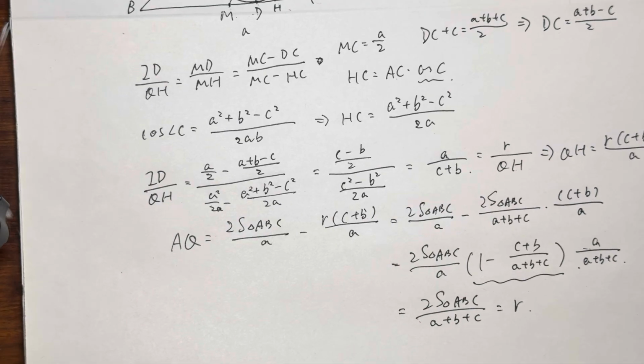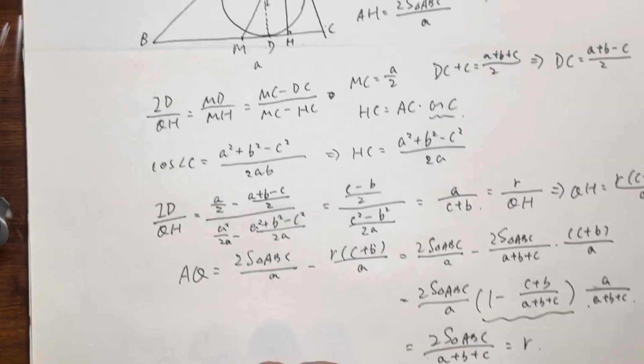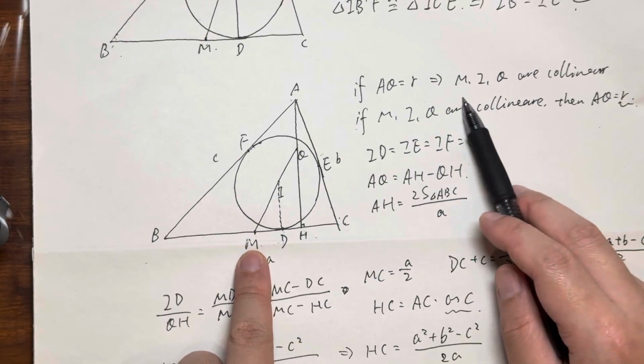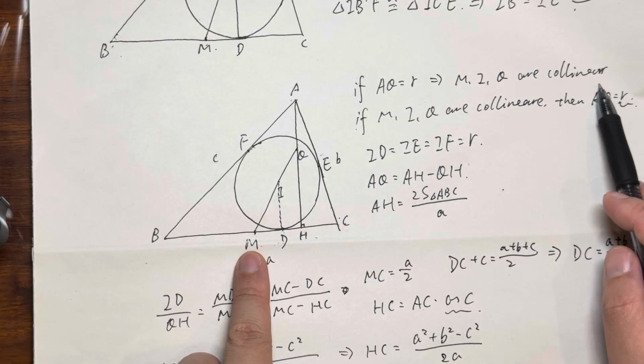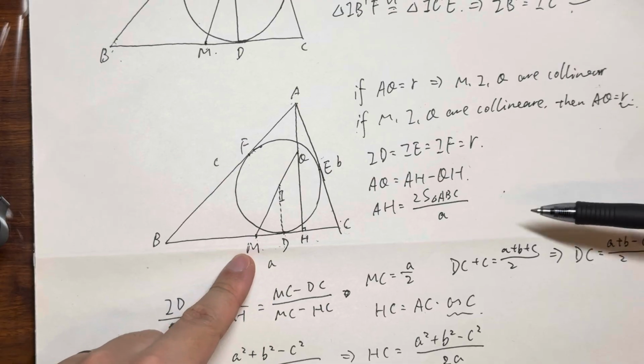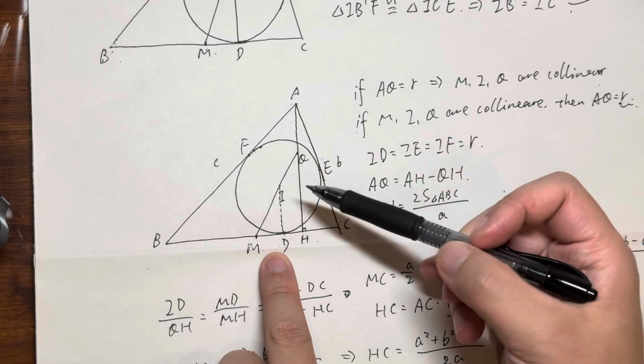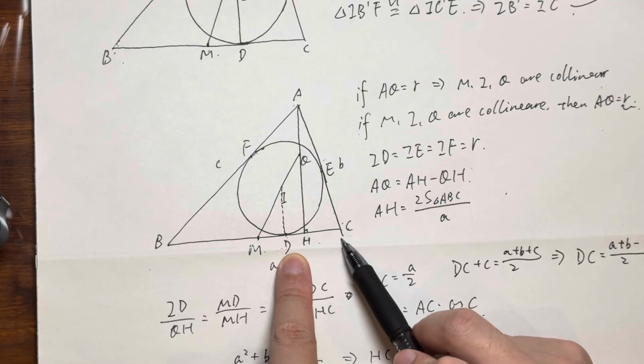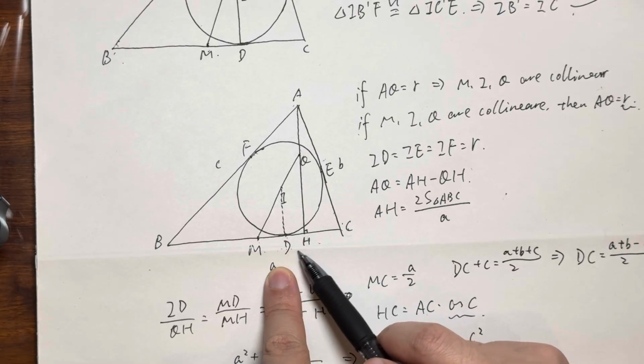And for the other case, if AQ equals R, then we want to prove that M, I, Q are collinear. It's just the reverse calculation, because we already know the length of HC, so we can find the length of DH.